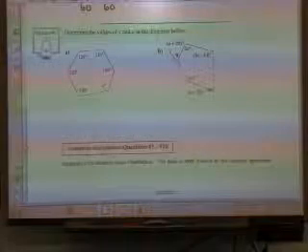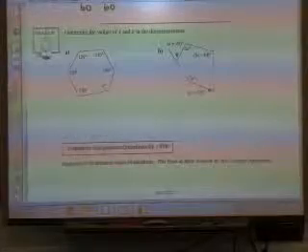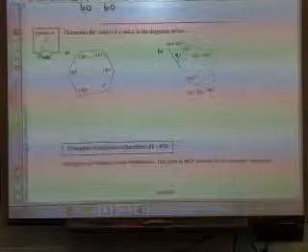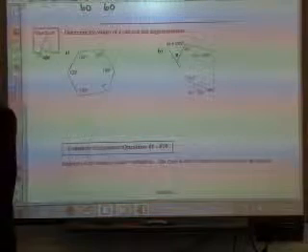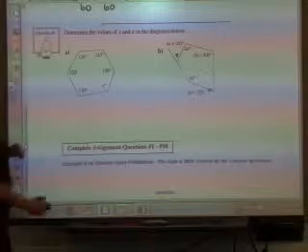Class example number 5 is the one that you'll probably see more commonly, and that's to determine the values of x and a in these diagrams. So let's start off with a. How many sides is this polygon? 6. So I can find out the sum of the interior.